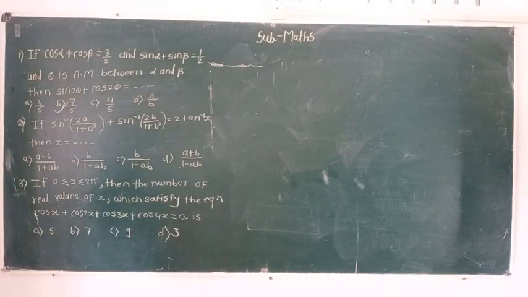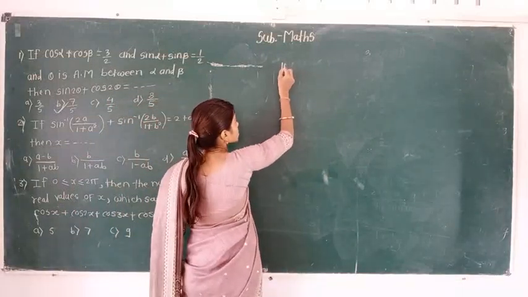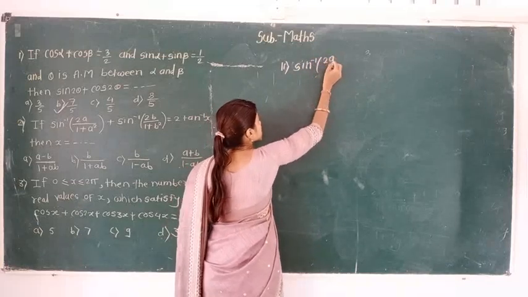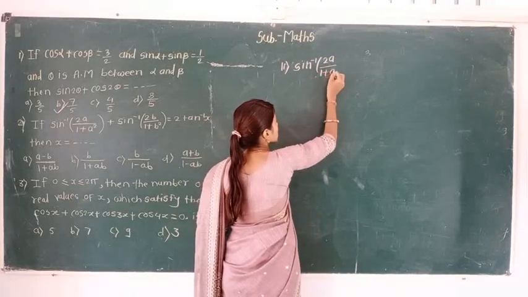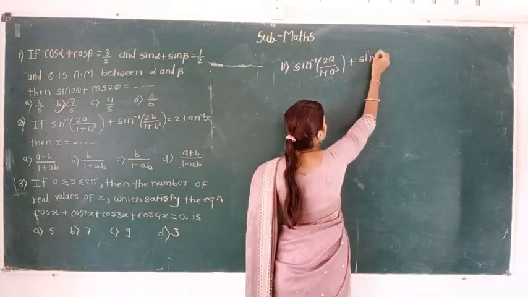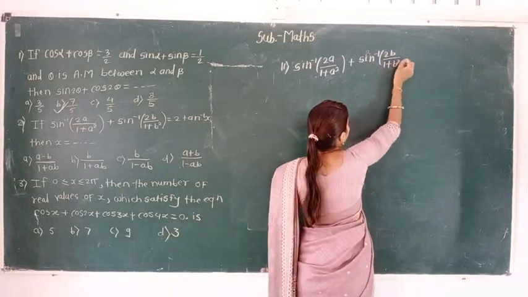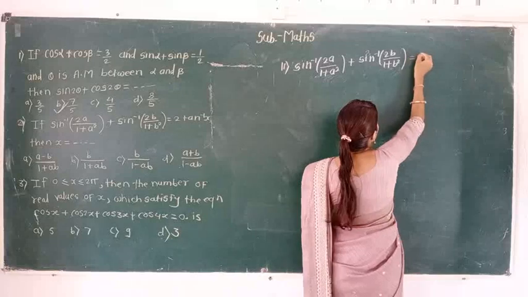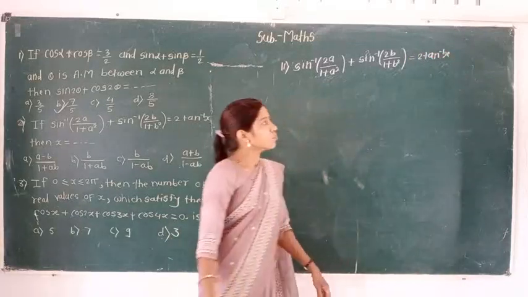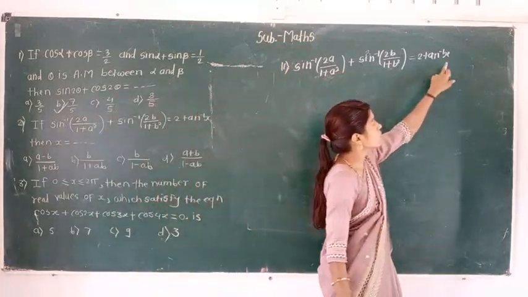So first of all, we can write the given equation. So the given equation is sin inverse 2a divided by 1 plus a square plus sin inverse 2b divided by 1 plus b square is equal to 2 tan inverse x. So first of all, we have to solve this equation, then after that we get the value of x.